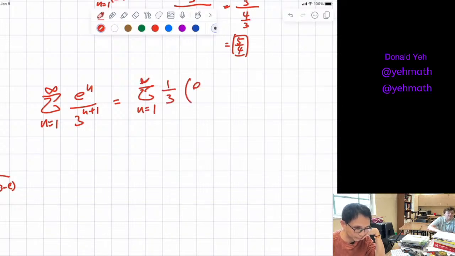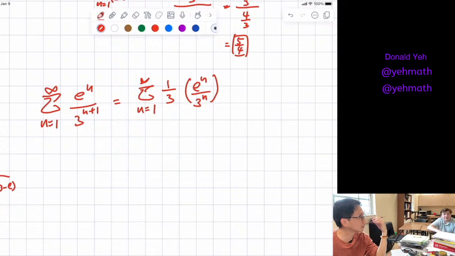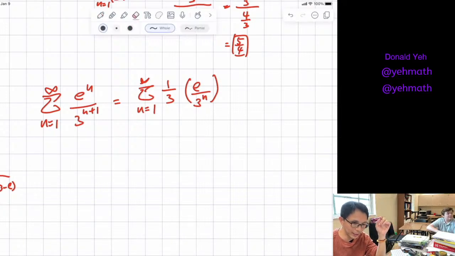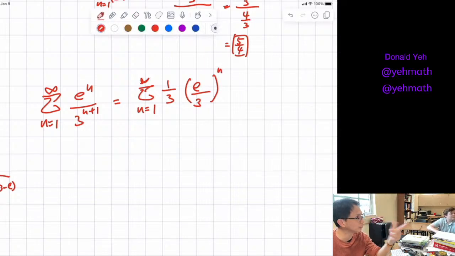I wrote it out with the pen, and then I factored out e over 9. What I would do is take out 1/3 first, and remember this n can be on top here. But the problem is the wrong spacing, because you're not n minus 1.